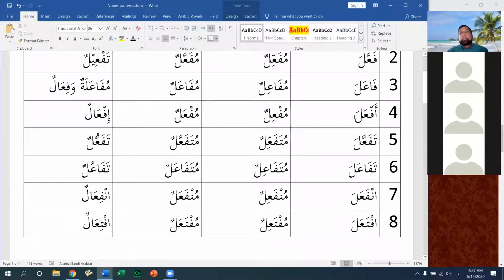So the way we would analyze أفعل, we would say أفعل فعل ماض مبني على الفتحة والفاعل ضمير مستتر تقديره هو. So there is a فاعل. So the verb is إسناد الفعل, which is إفعال, إلى الفاعل. So this is associating the action with the doer and making a word out of that. So إفعال means spending.